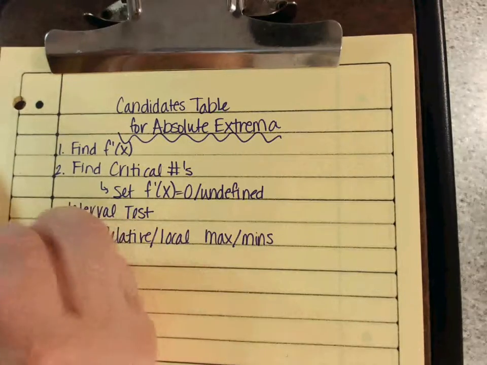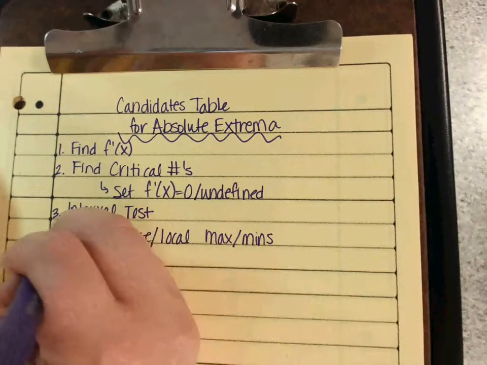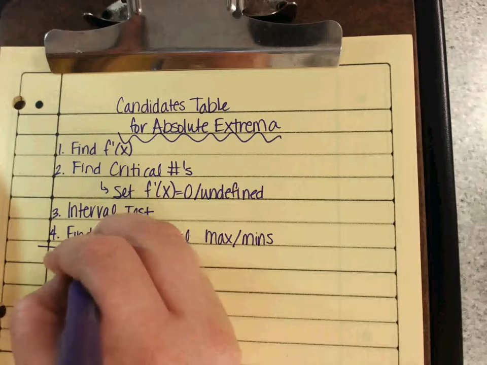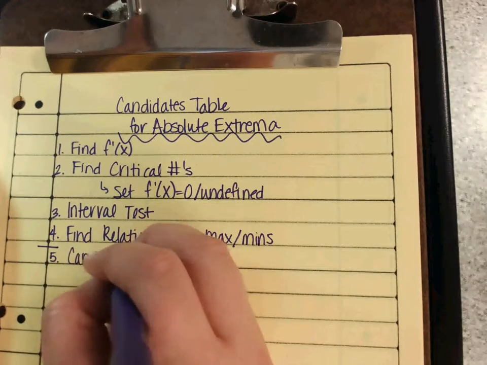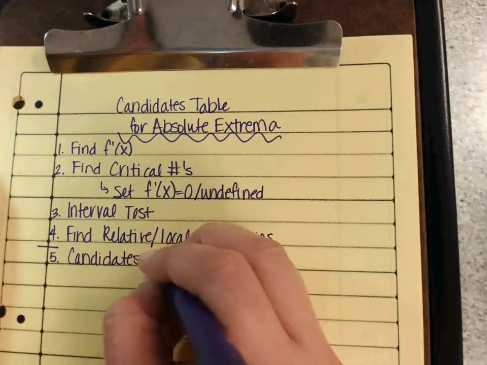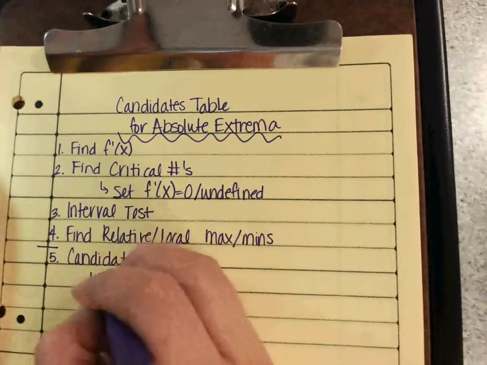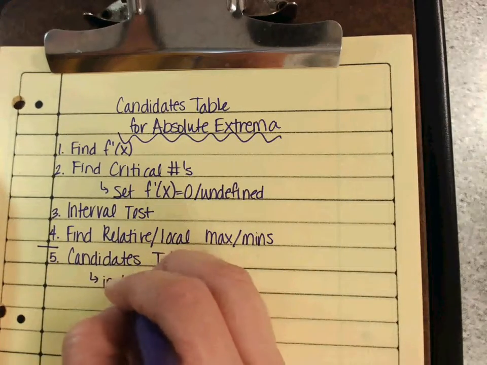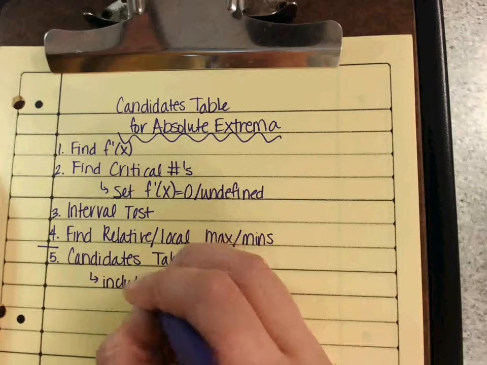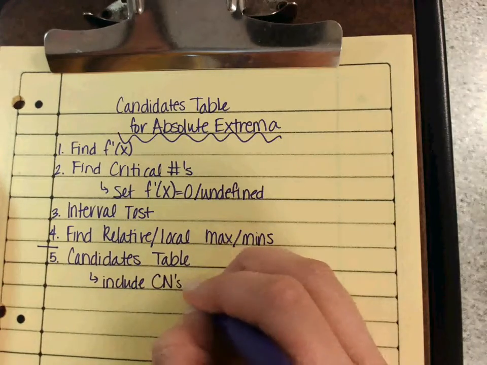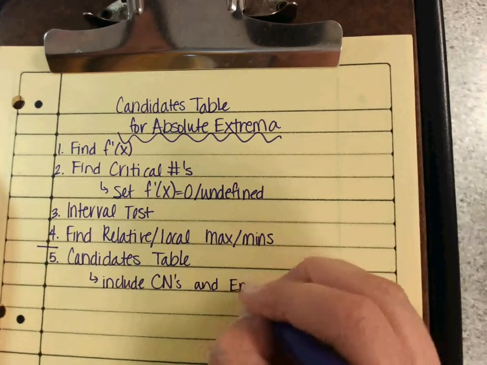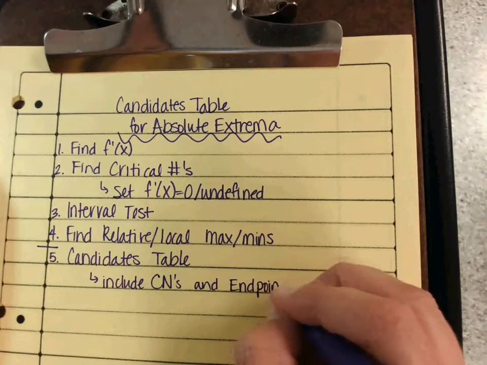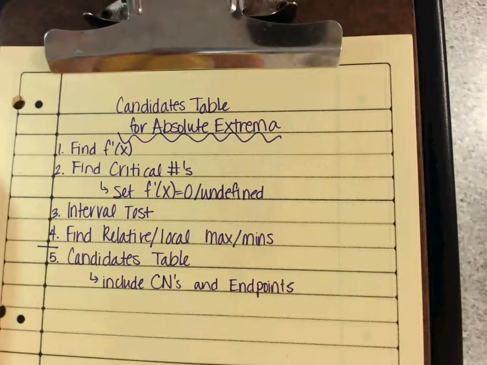So everything up there was the same. Step number 5, you're going to make a candidates table. And your candidates table is going to include your critical numbers and your endpoints. Okay?